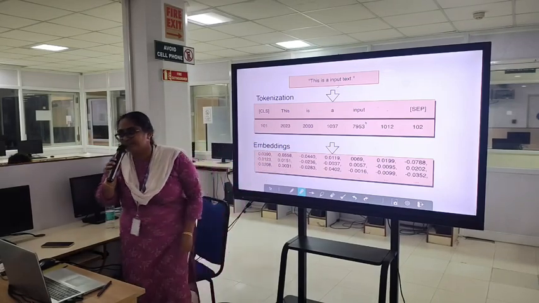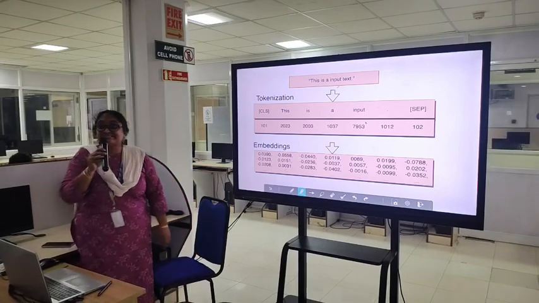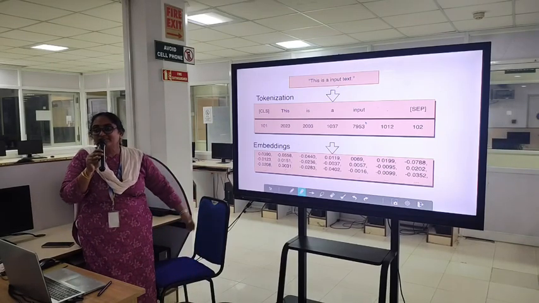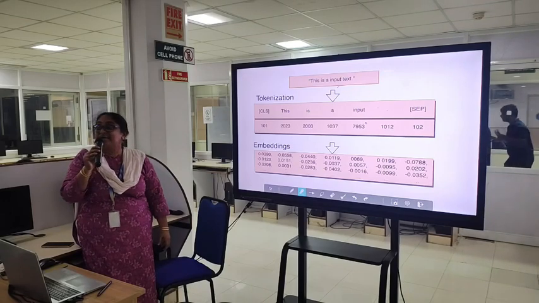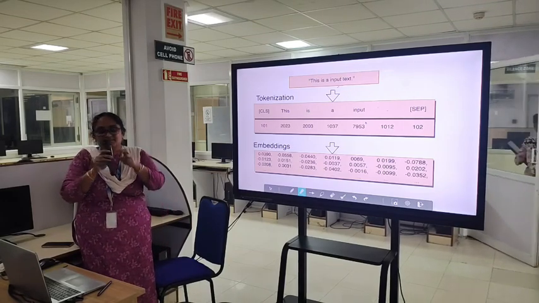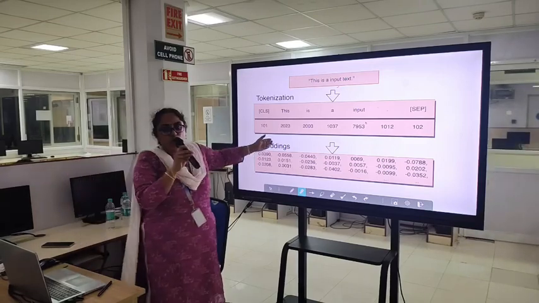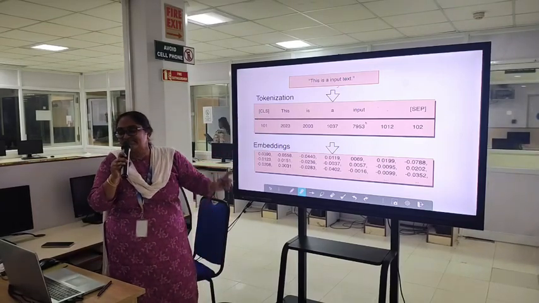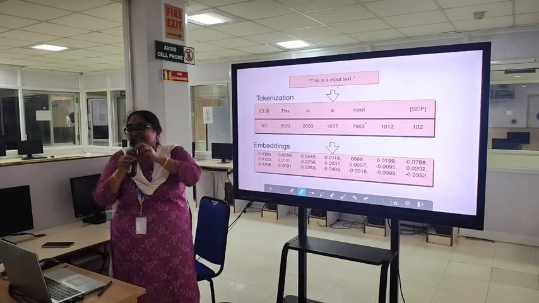But usually you will have 768. For BERT and all, you'll have 768 dimensions, not 3 dimensions. That means a vector with one column but 768 rows.